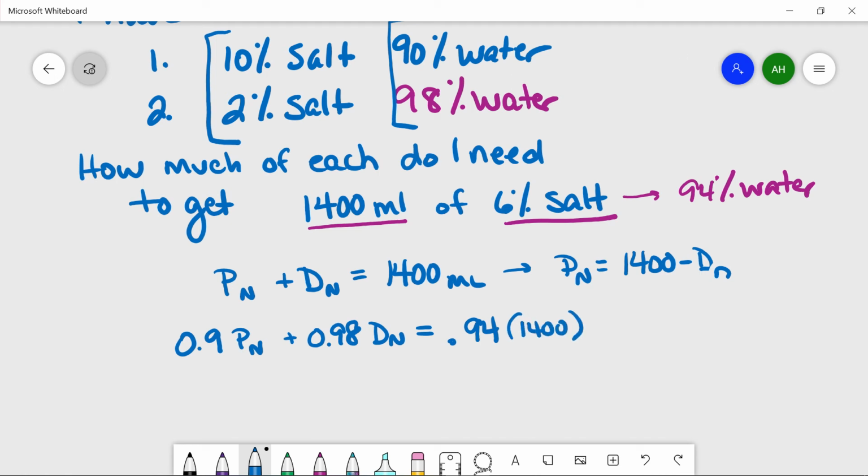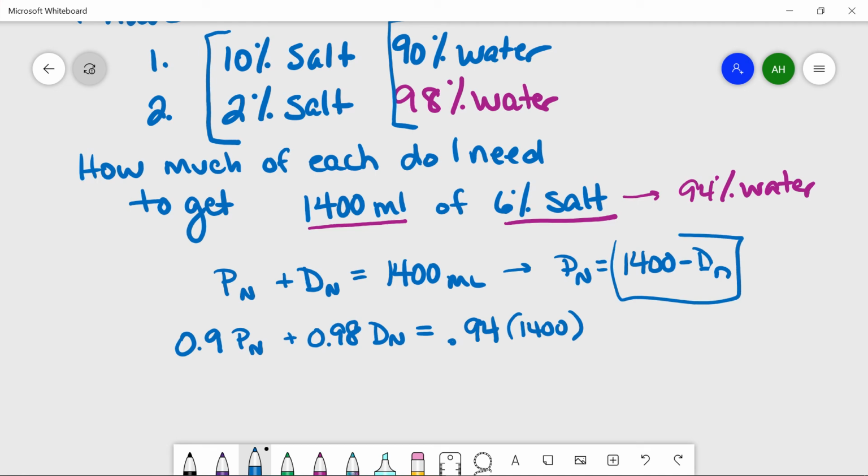So what I pour in, 90% of it's water. What I dump in, 98% of it is water. And what I get in the end, I'm going to get 1,400 milliliters, and 94% of that is going to be water.